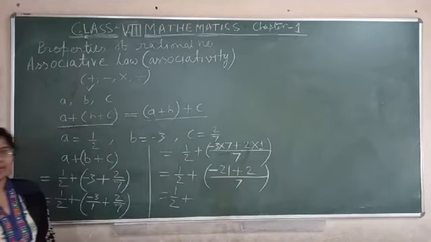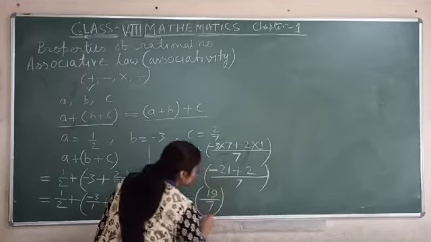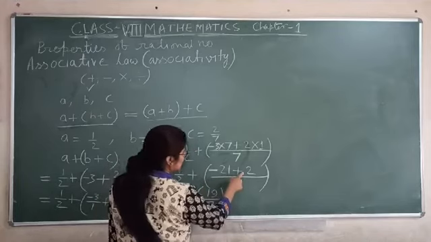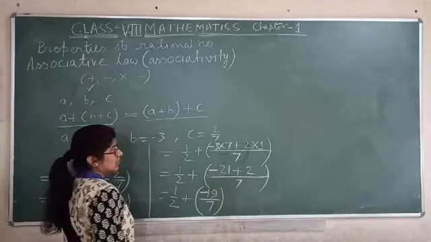If you have different signs, you will subtract these two. 21 minus 2 is 19, just like the normal way. 19 upon 7. But look, this is negative, this is positive, so the sign of the greater number, so here will be a minus sign.